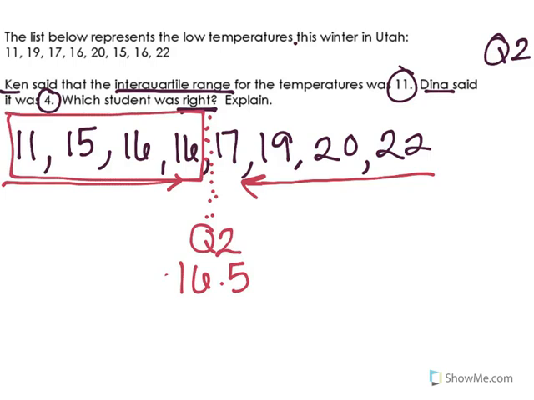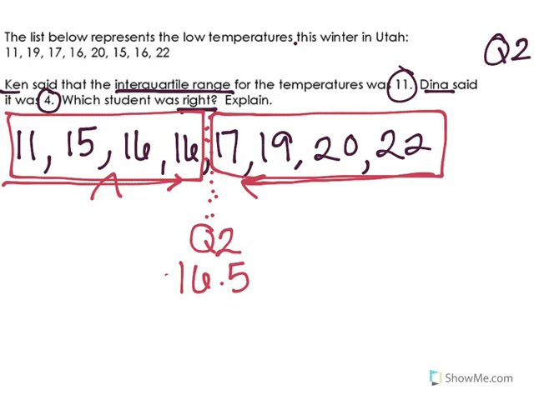I will look at the upper half of my data to find quartile 3. Since I'm looking at 4 pieces of data on the lower half of my data display, I need to find the average, or the mean, of the two middle numbers.